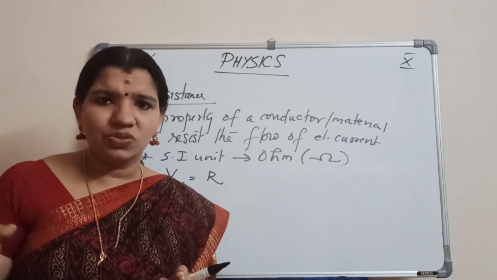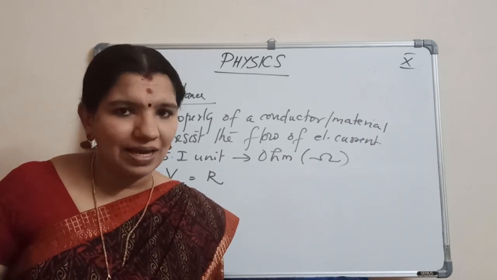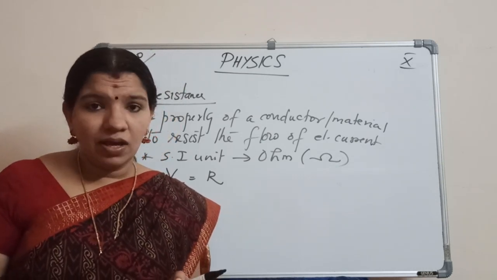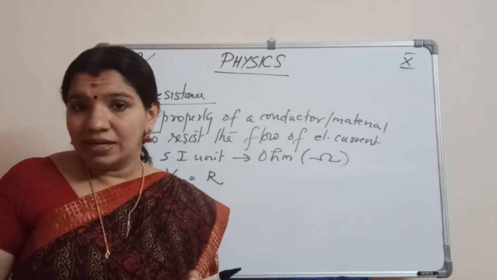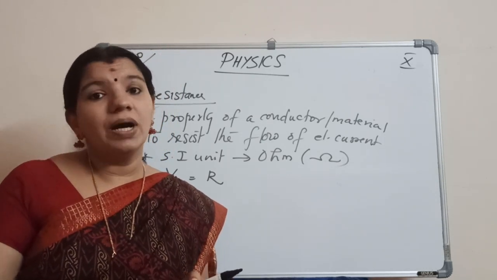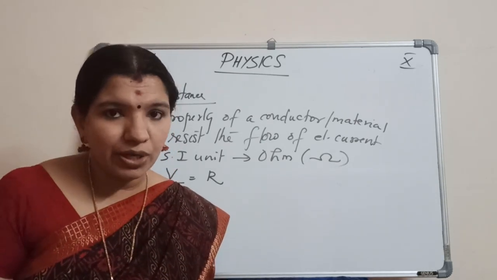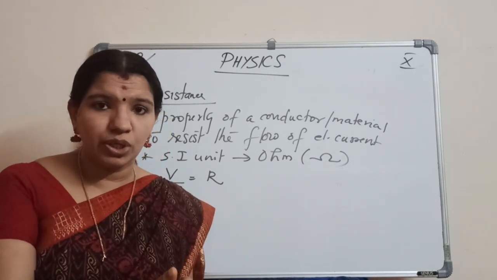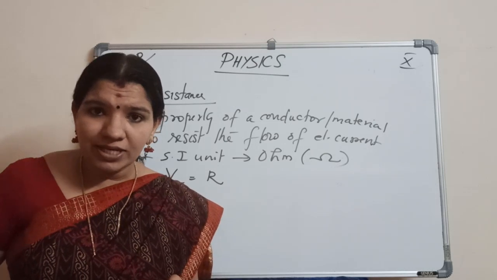In such cases, we have to use a particular device for regulating the current. But when we use such a device, it should not disturb the voltage source that we are using. We will be using a battery in that circuit which will maintain the potential difference.